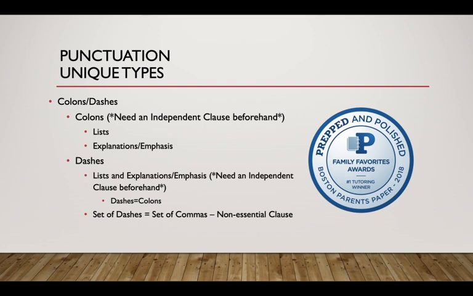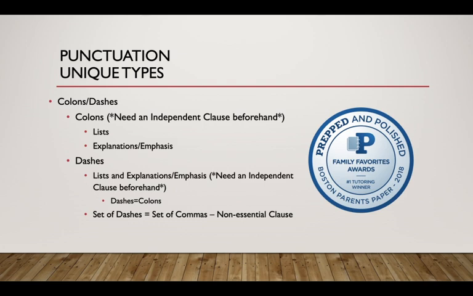So if you're keeping an eye out for when dashes are being used, this is a really helpful way to remember it. Also, in my opinion, it's an easy way to memorize colons by just memorizing dashes. The next function of a dash is that when you have a set of dashes, it acts the same way as a set of commas.